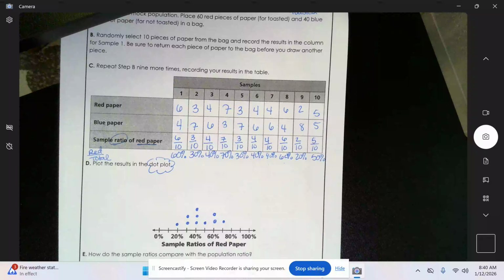So when we look at this dot plot, where's the majority of your data at? Around 40%. There's this whole little cluster around in here.